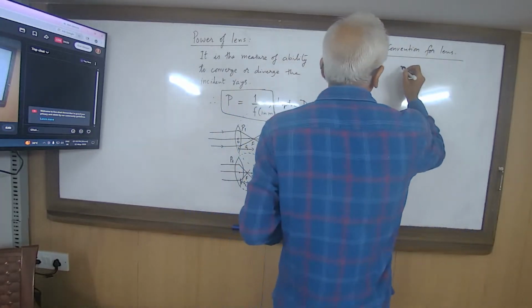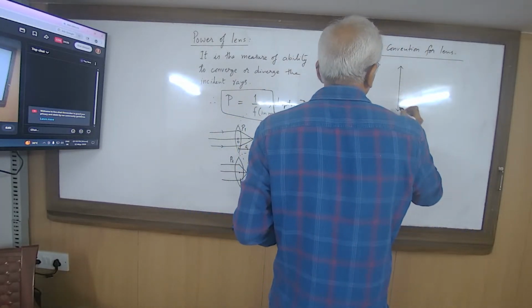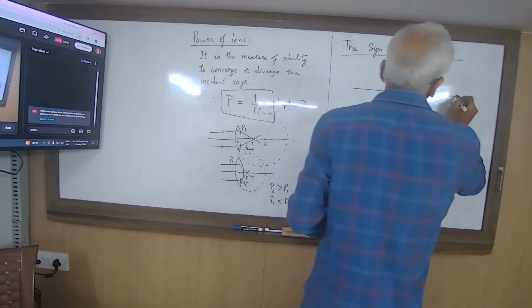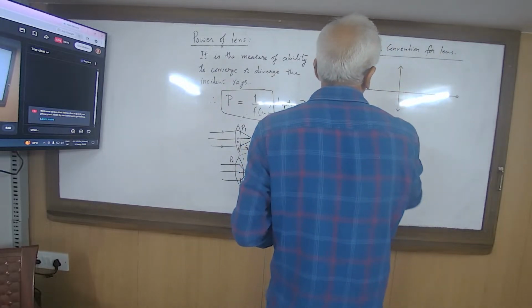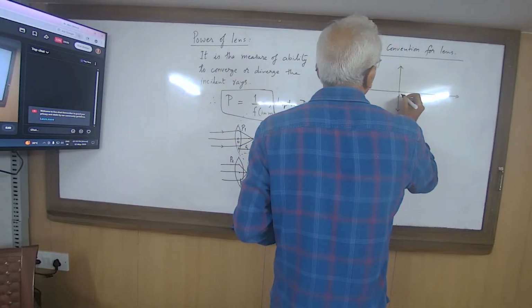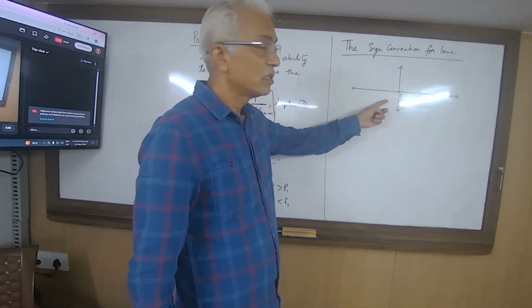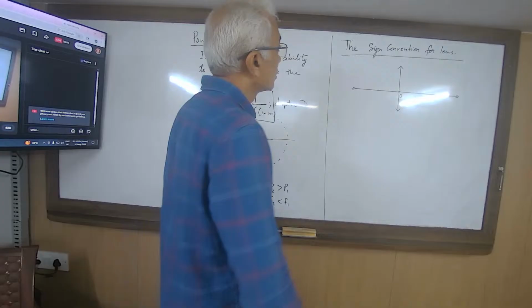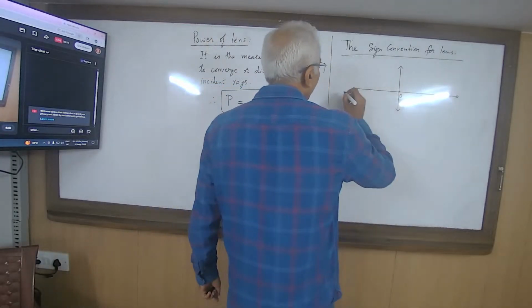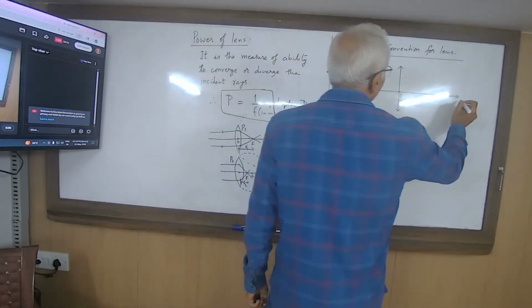It is same as it was for mirror. The optical center is the origin. This is identical to the Cartesian sign convention.